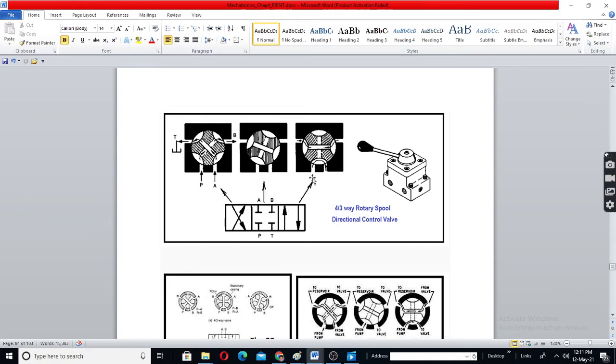In the right side, you can see flow is from P to A. Okay, P to A. See, from P to A, it is flowing. Here it is P to B. When you rotate the spool, it goes to P to A and T to B. Note that there is no connection between this path and this path.